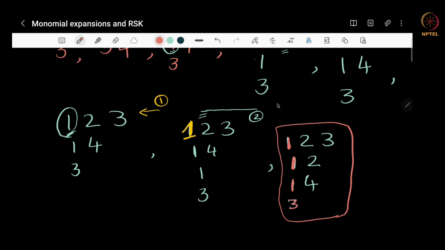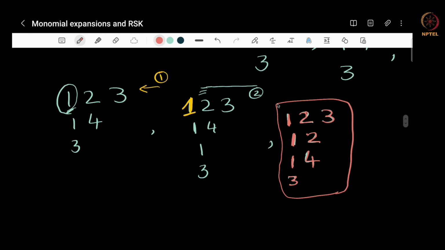But here what you have are entries which are only weakly increasing. Okay, but something interesting has happened. The rows are strictly increasing. So observe, in this case, the rows are strictly increasing, whereas the columns are weakly increasing. Okay, so what you're getting is really a dual tableau with rows and columns interchanged.